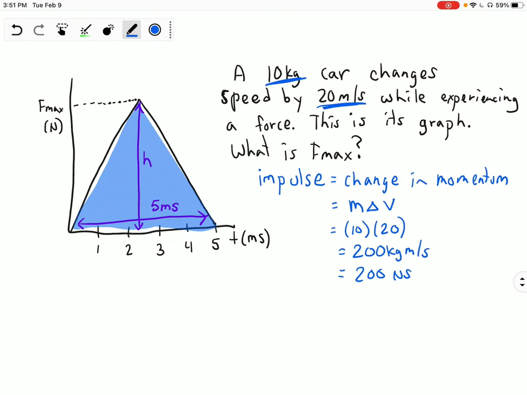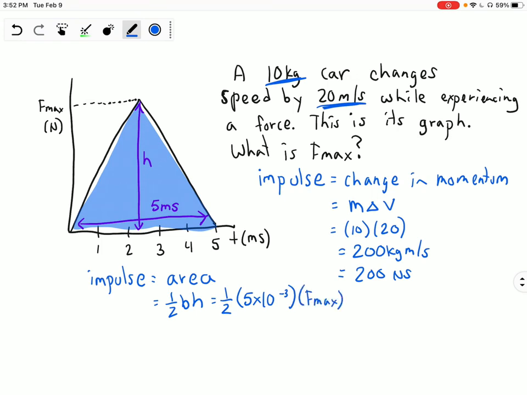So this is 200 Newton seconds for our impulse. And we know impulse equals area equals 1/2 base times height of the triangle. The base is 5 milliseconds, and the height is F max.